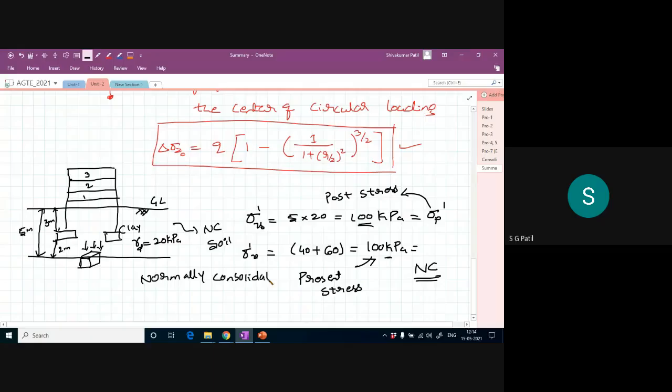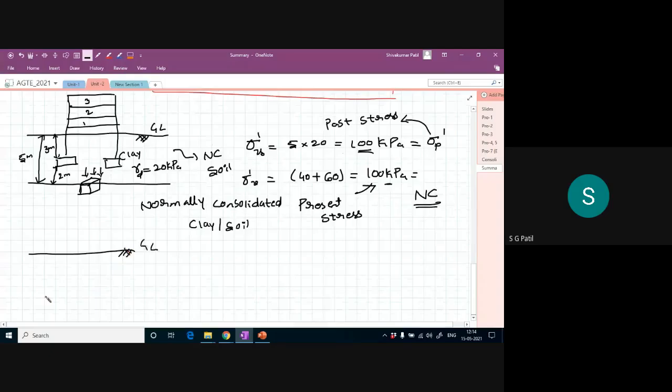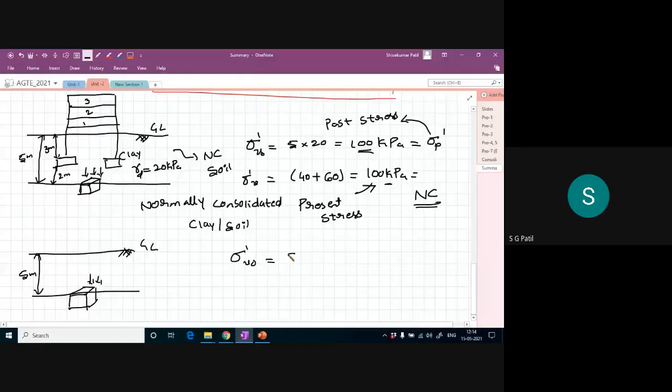If both are the same, this kind of soil is called NC soil or NC clay, normally consolidated clay, or simply you can call it a soil.